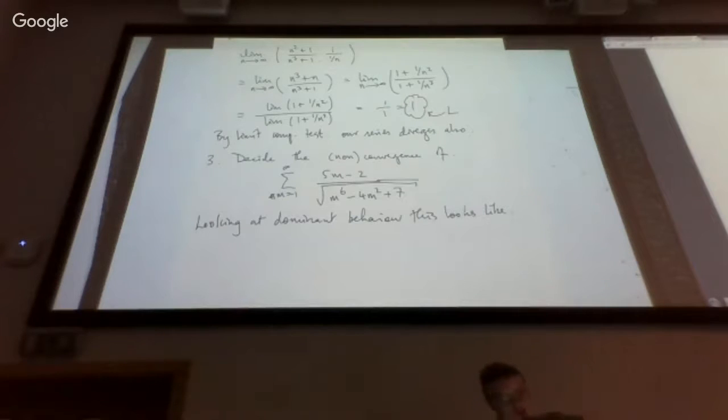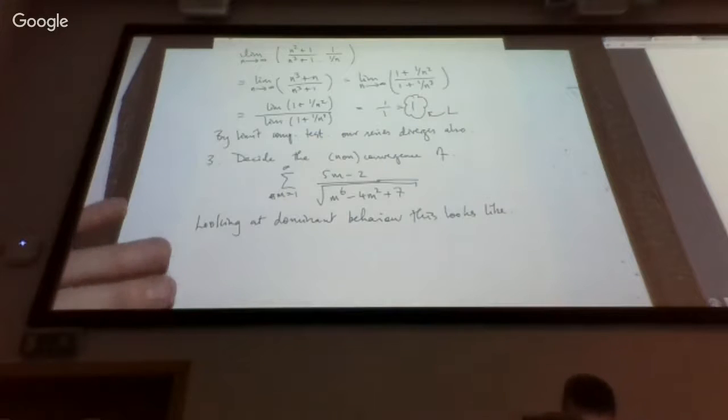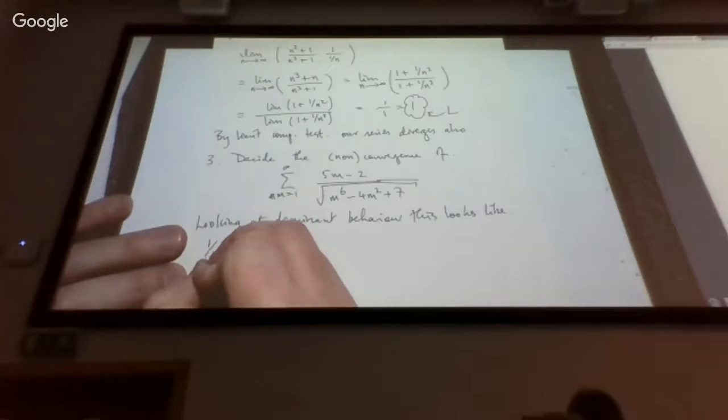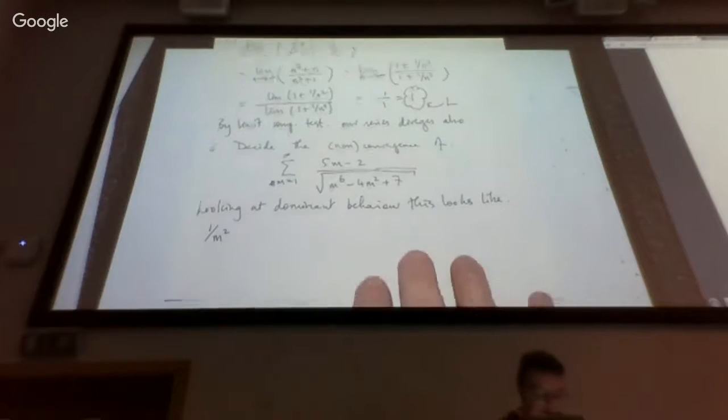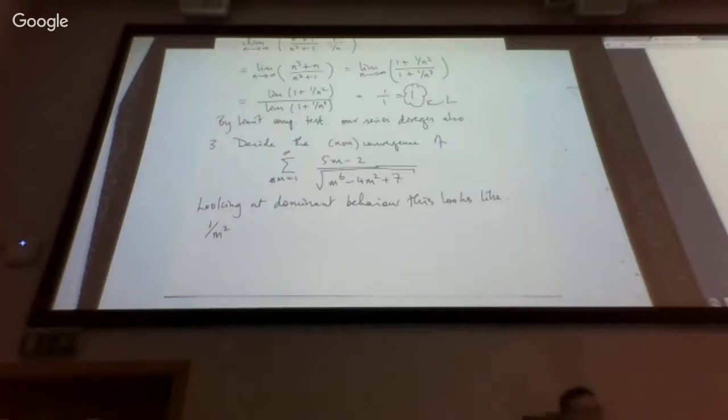So in total, it's looking like 5m over m cubed, which would be 1 over m squared, or 5 times 1 over m squared, if you will. Constant multiples of these things don't affect the convergence or divergence. It's really just looking at how the thing depends on the index. So this looks like 1 over m squared.